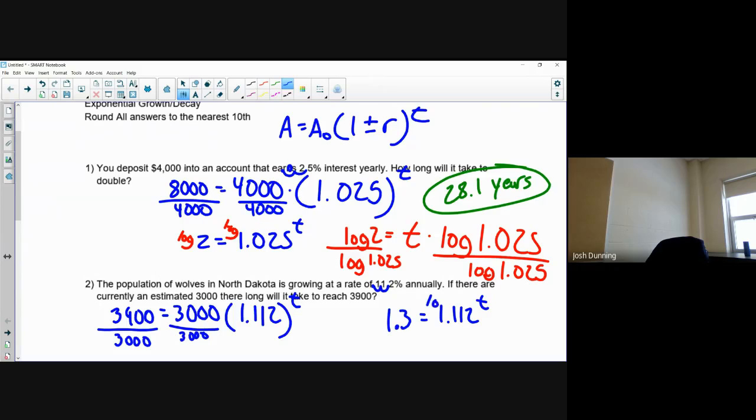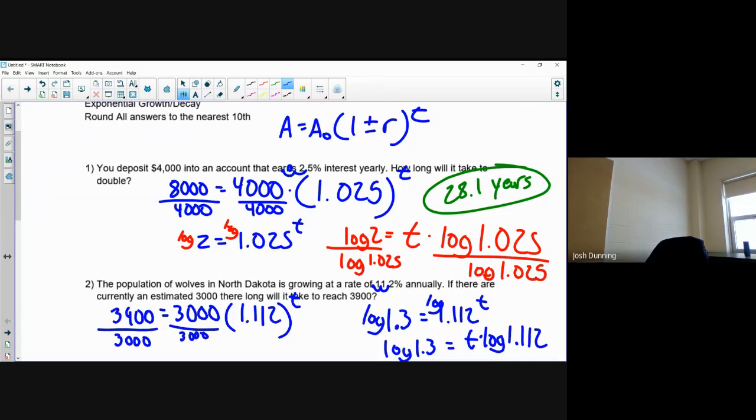Anytime you want to pop the exponent out, take the log. And it pops it out as multiplication. So again, to cancel out times log of 1.112, you would divide.